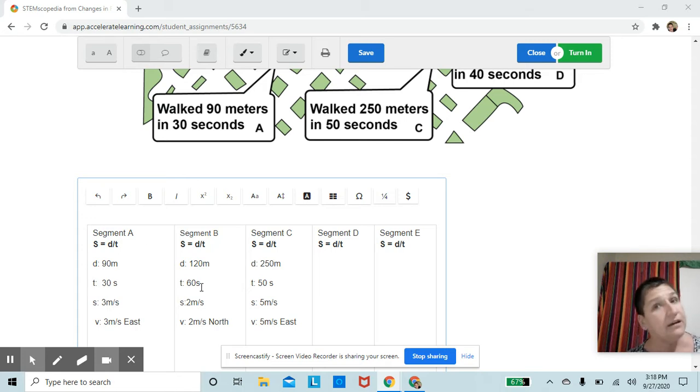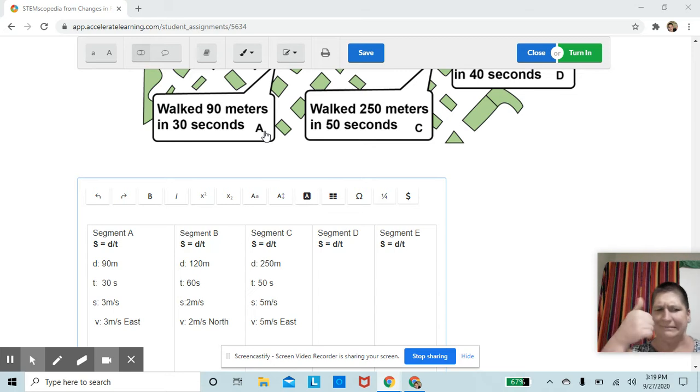Because remember, in that calculating speed video I posted, it's basically a division problem: distance on top, time on the bottom, that's how you get your speed. If you're going to key it into a calculator, key the numerator first, the one on the top, and then divide by your denominator. So how many times does 30 go into 90? 3 times. So what's my speed? 3 meters per second.